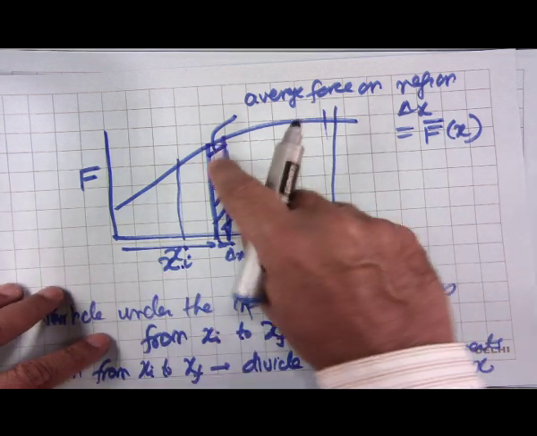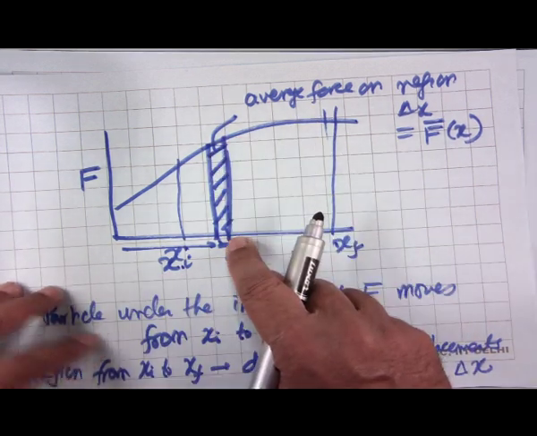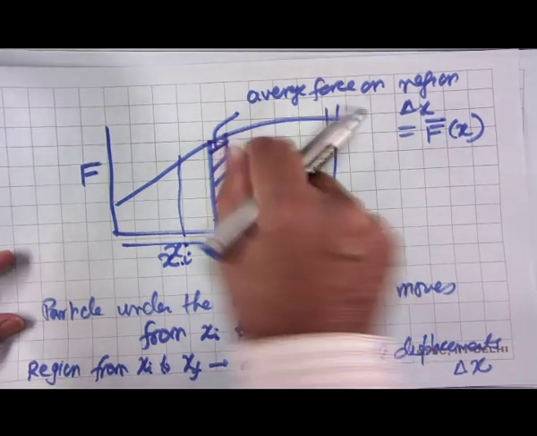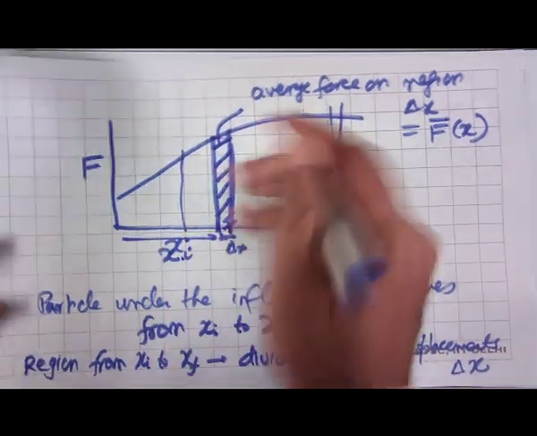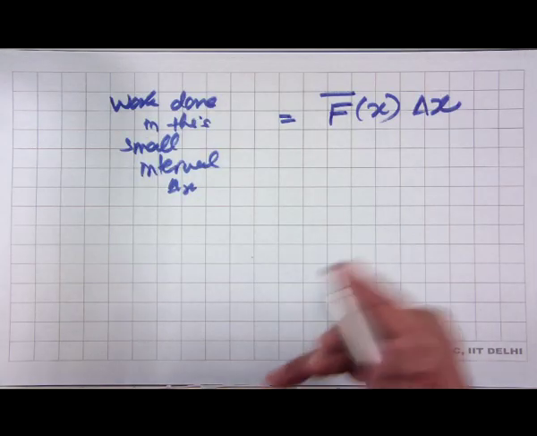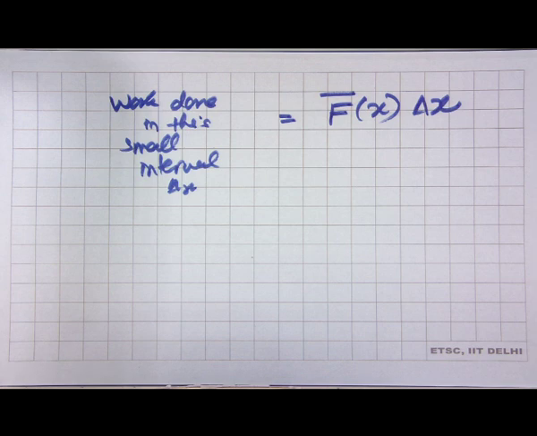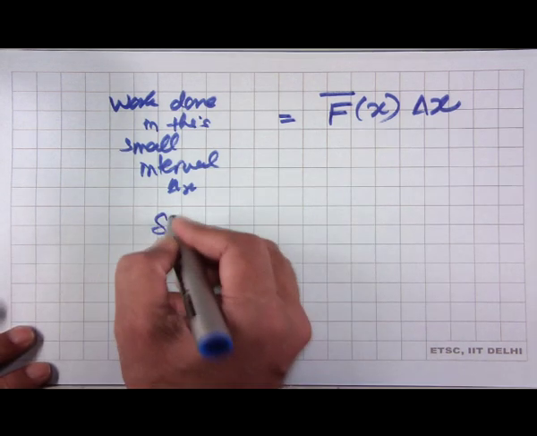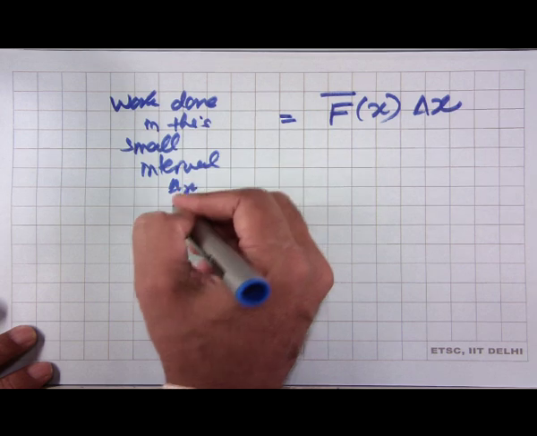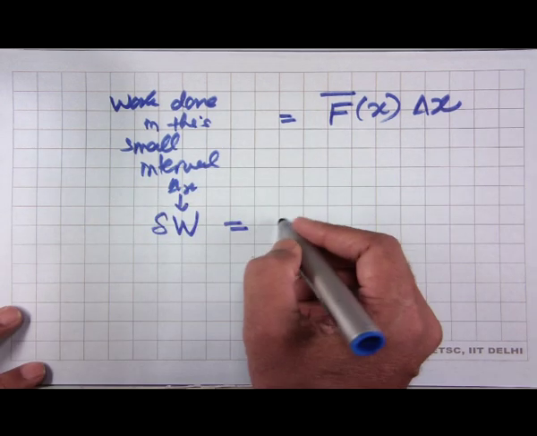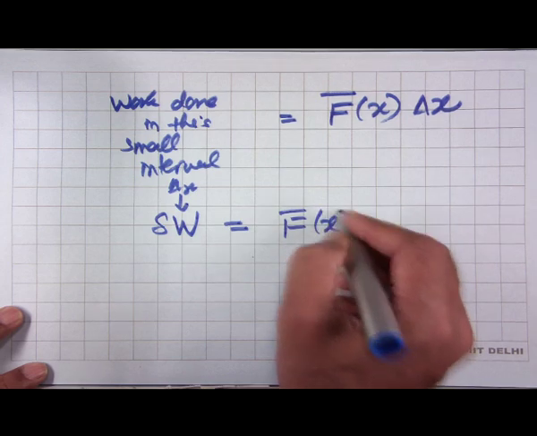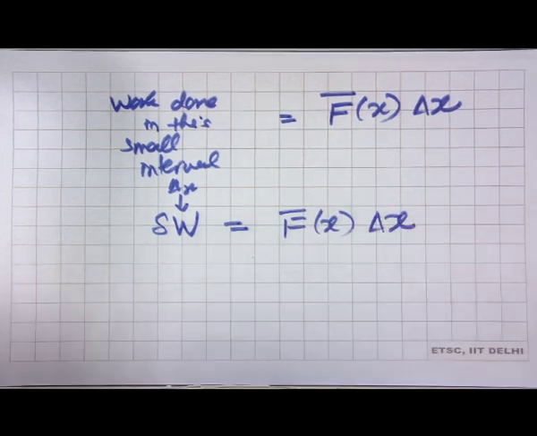So, the work done will be f bar of x times delta x, and this you will see is the area of this small strip which I have shown as shaded. So, now the total work done, this we can write as delta W, the work done over the small interval delta x, is equal to f bar of x times delta x.